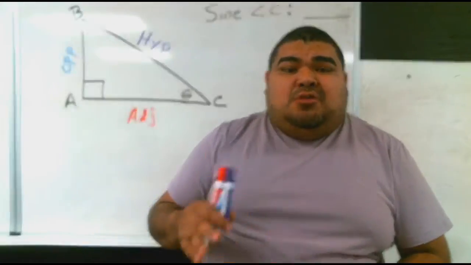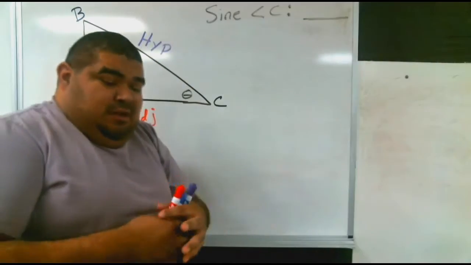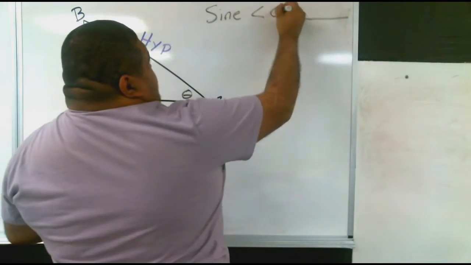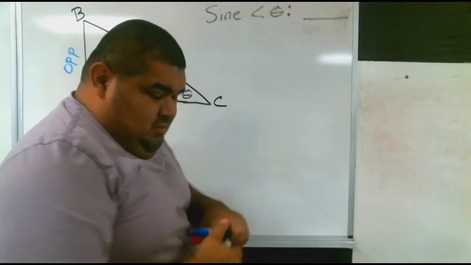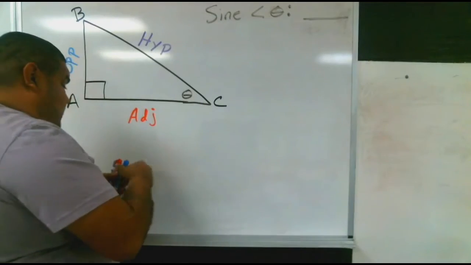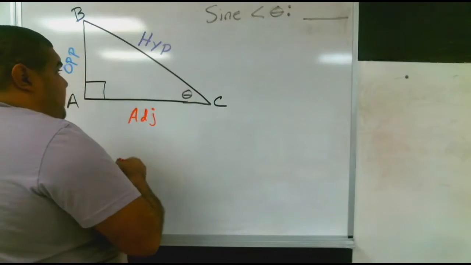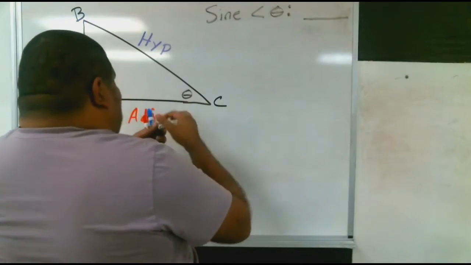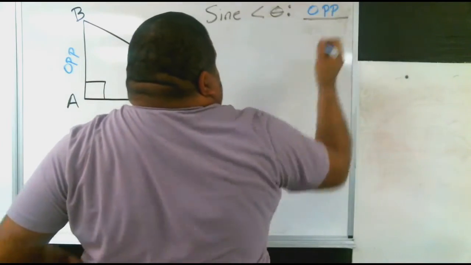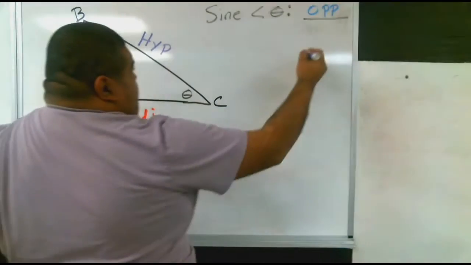In order to solve for angle C, let's put it as angle theta. Sine of angle theta, which in this case is obviously C. In order to solve for it, we put opposite over our hypotenuse.